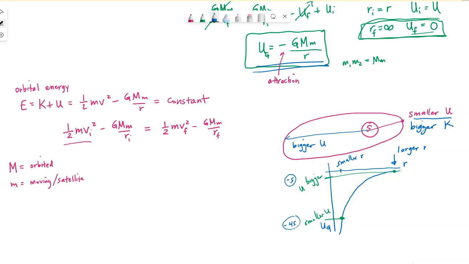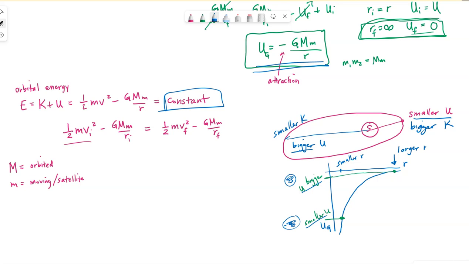There's more kinetic energy. Thus, the planet is moving faster. Over here, if the potential energy is bigger, the kinetic energy is smaller. And that's what we mean by the energy being constant. The energy is transforming back and forth between potential and kinetic. Okay, this -5, -45, those are just numbers I made up to represent what we mean by a bigger value and a smaller value.